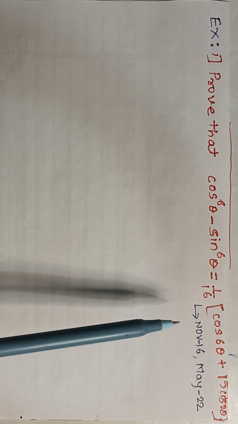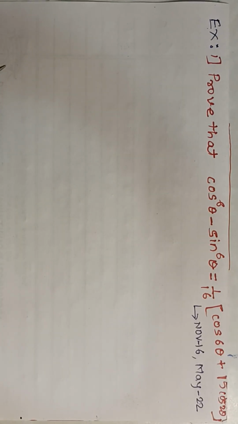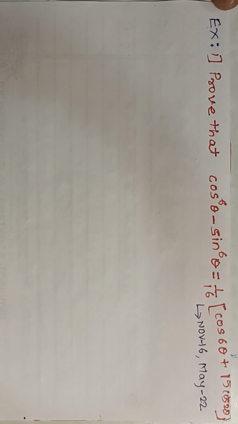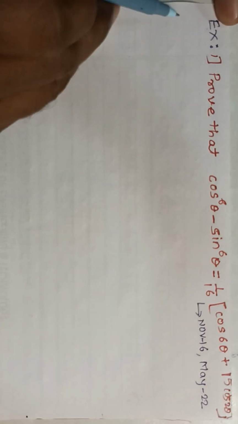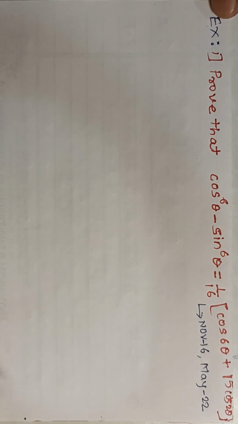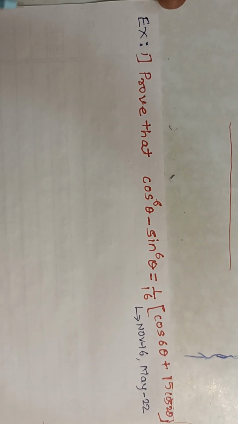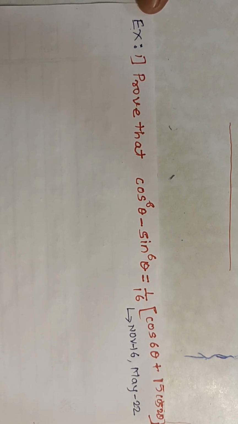Let us prove this. Okay, this is the first sum of this type. To prove, let us find cos 6 theta and sin 6 theta separately.